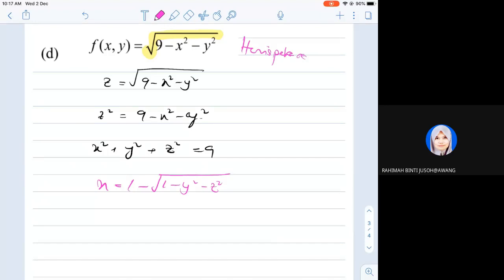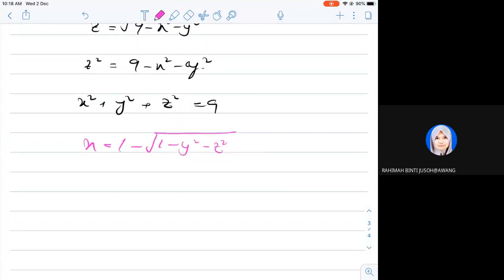Okay, so let's say you are not confident with this type of question. First of all, you can rearrange, guys. So we will have positive square root of 1 minus y squared minus z squared. This is your test. Square root of equals 1 minus x, isn't it?